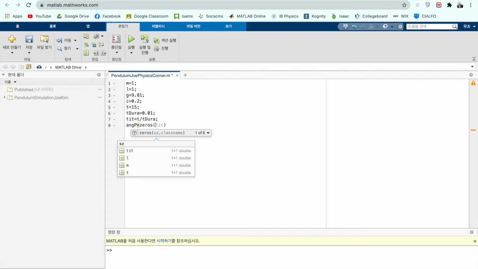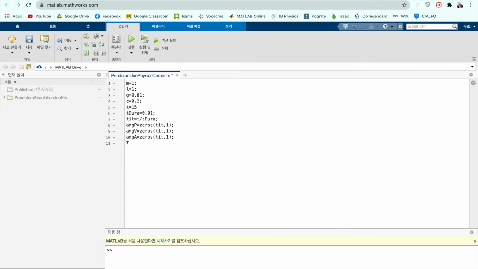It's going to be a column vector with time iterations rows and 1 column. And then I'm going to do the same thing for the angular velocity and the angular acceleration. All of them would be vectors with 1500 rows and 1 column, because it's a column vector.